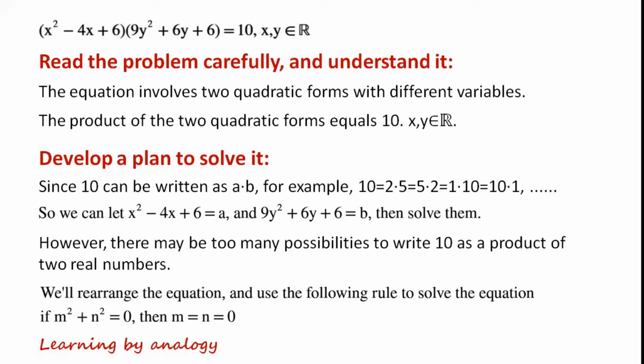We'll rearrange the equation and use the following rule to solve the equation. If m squared plus n squared equals 0, then m equals n equals 0.